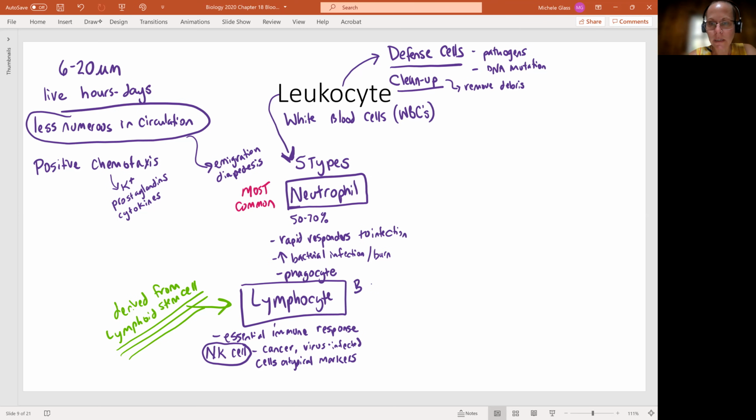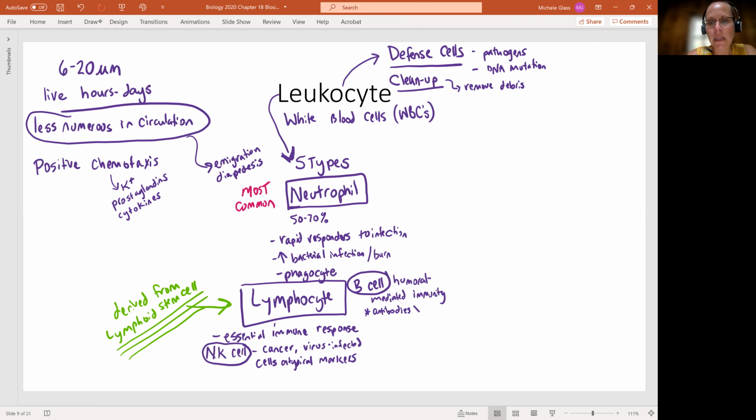We also see the B cell as an example of a lymphocyte. And these are going to be described as important in humoral mediated immunity. And what that's going to ultimately mean are antibodies.